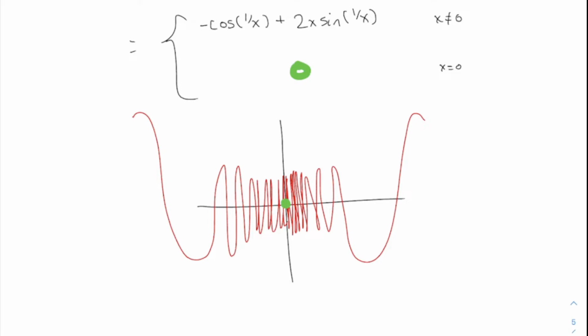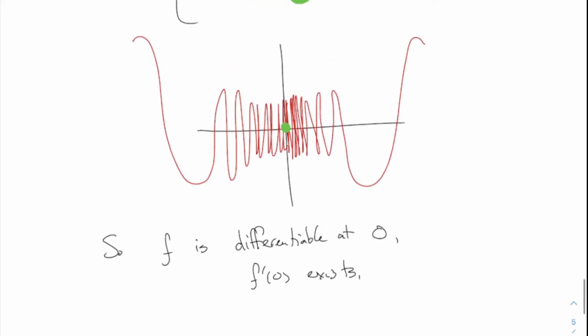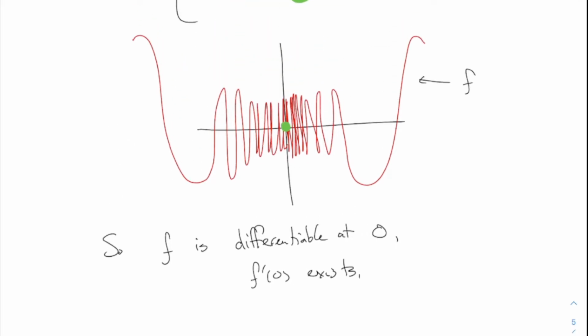So what's interesting about this is, f is differentiable at 0. You know, f prime of 0 exists. But this is a graph of f prime. And f prime of x is not continuous at 0.